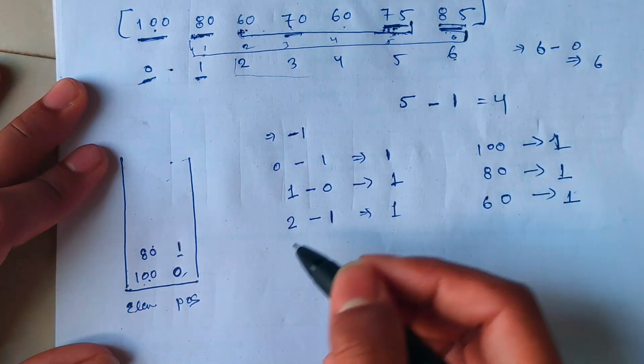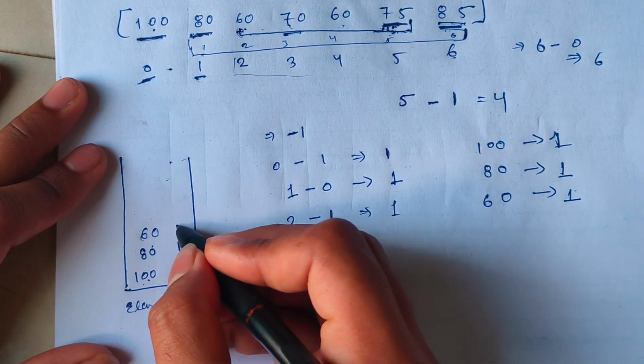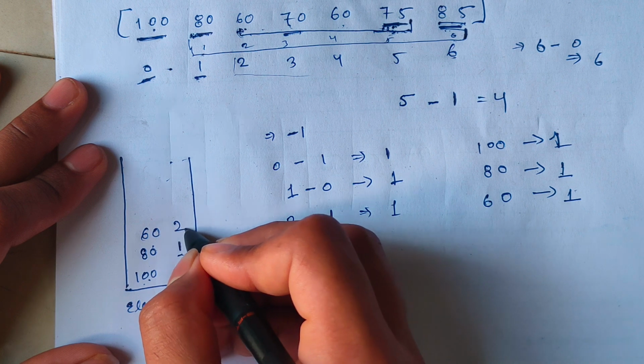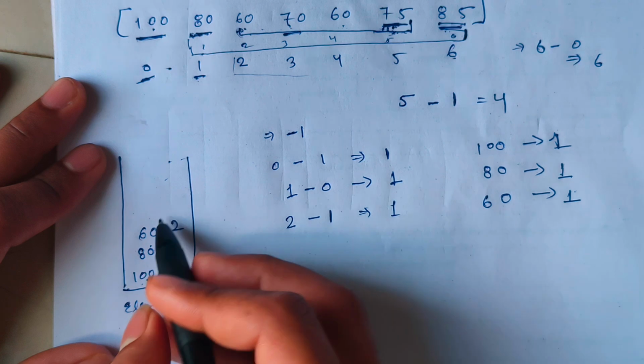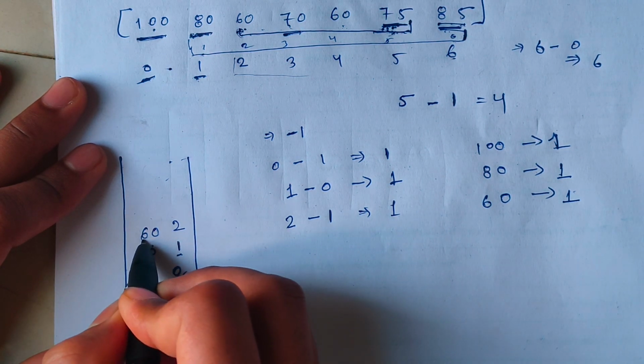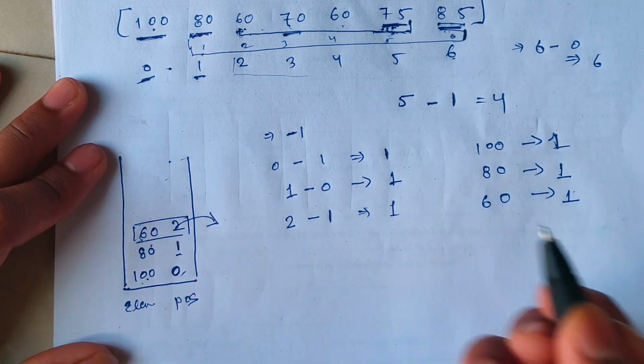Then we push 60 into the stack with its position, that is 2. Now we see 70. For 70, 60 is not a greater element, so just pop it out.